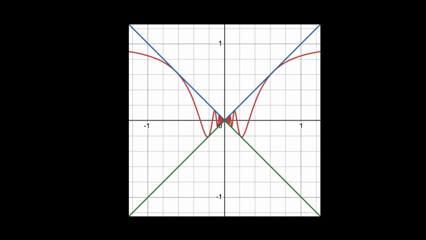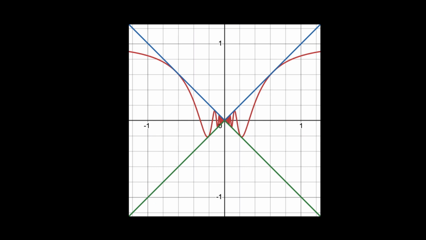In fact, the picture that I showed you at the beginning of this discussion is this function. So in red, this is actually the function x sine of 1 over x. You can't really tell in this graphic, but this function is actually undefined at the origin. And then I have the line y equals x, which is my upper bound on the right side, and my lower bound on the left side.